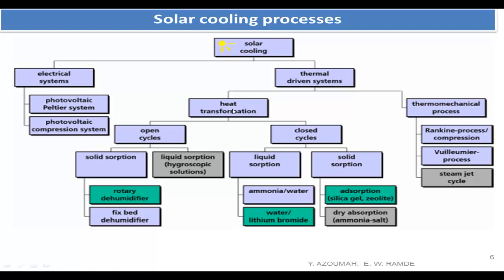And for the heat transformation, you have open systems where the working fluid is open to ambient air, and then you have the closed cycles which are completely closed. The working fluid does not come into contact with ambient air. We explain almost all of them.